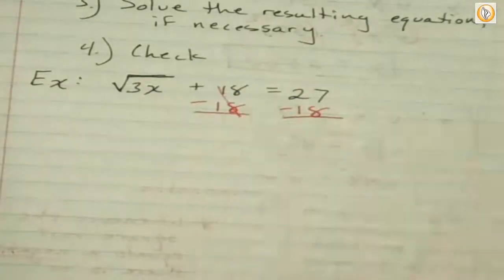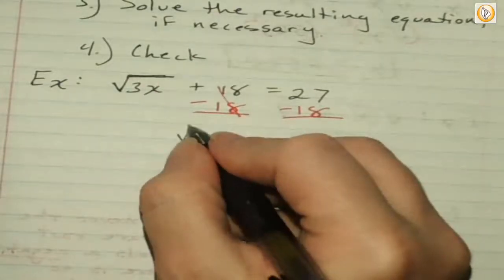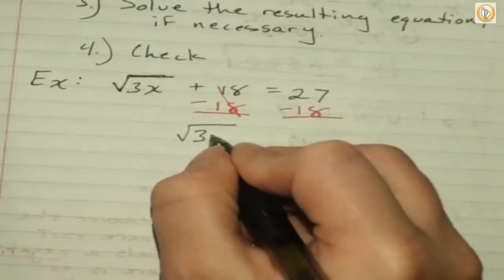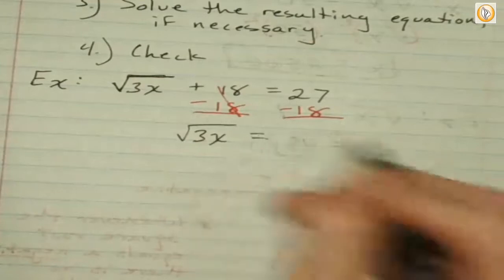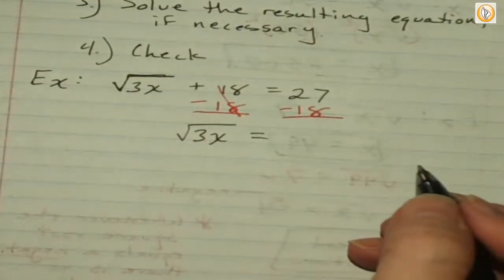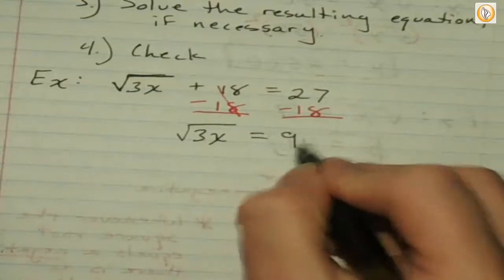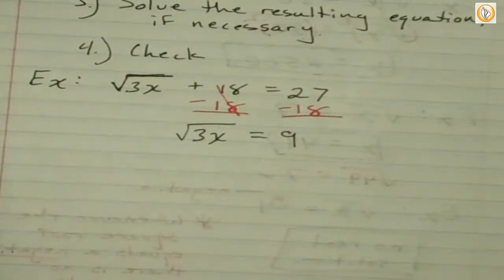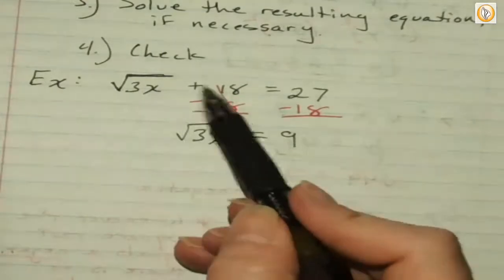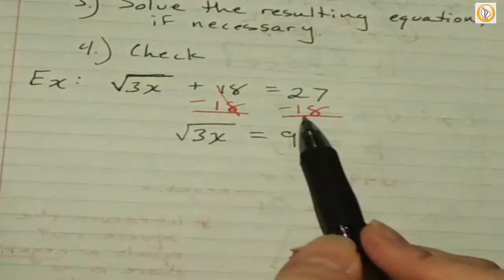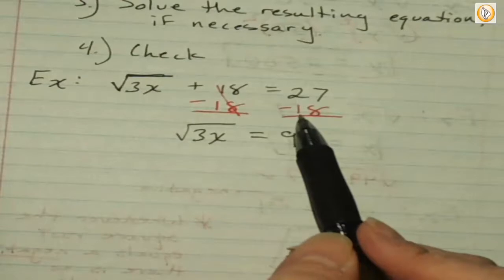So then I'm left with radical 3x, and 27 minus 18 is 9. That is not how you do intruder alert. You would do negative 18 plus 27 with isolating variable.